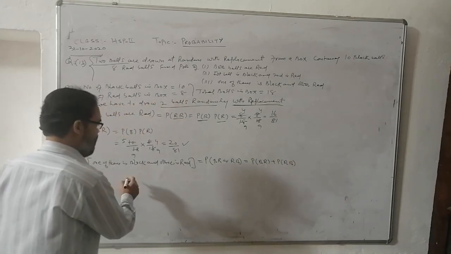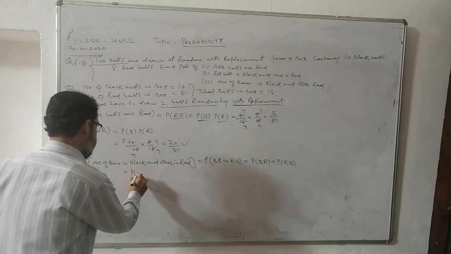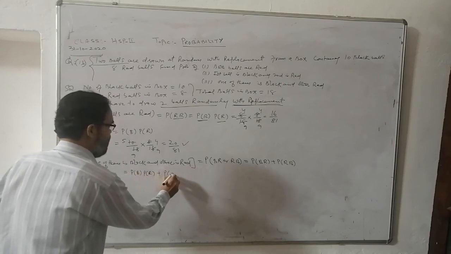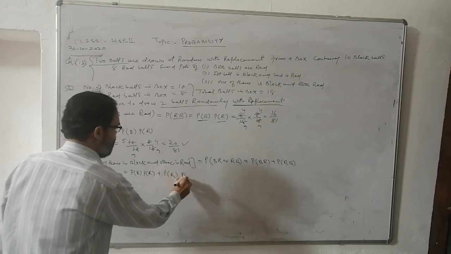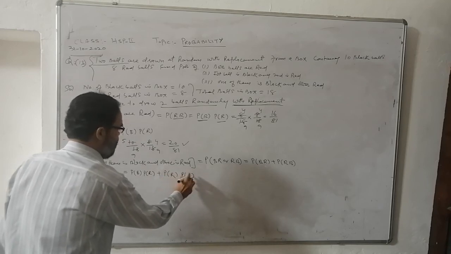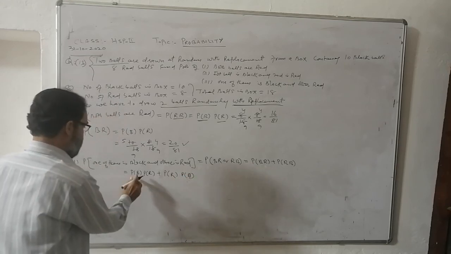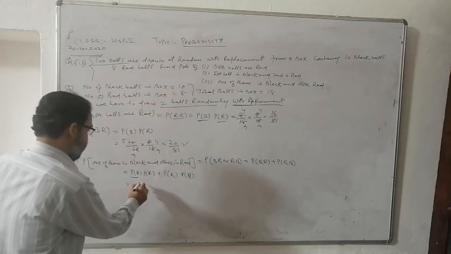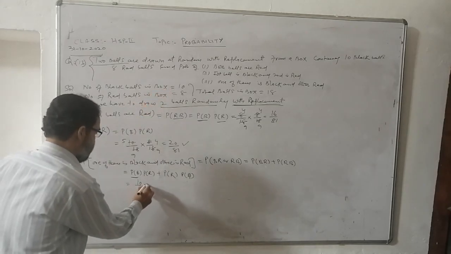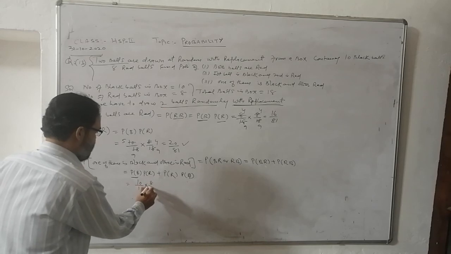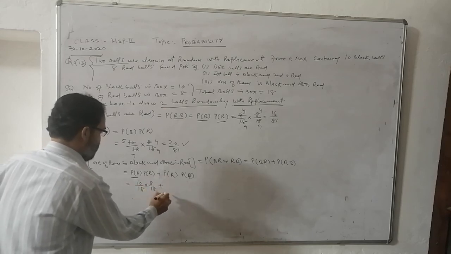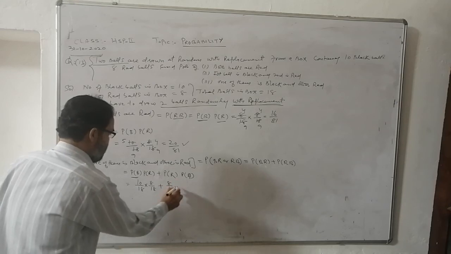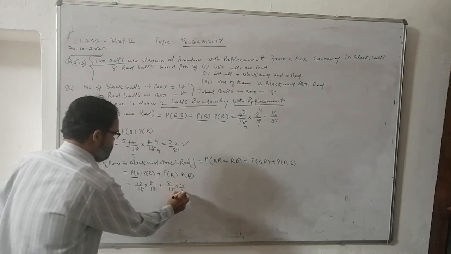So this will equal the probability of black times the probability of red plus the probability of red times the probability of black. The probability of black ball is 10 upon 18, the probability of red is 8 upon 18.